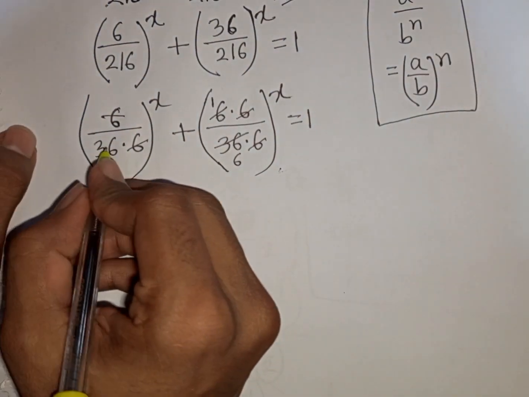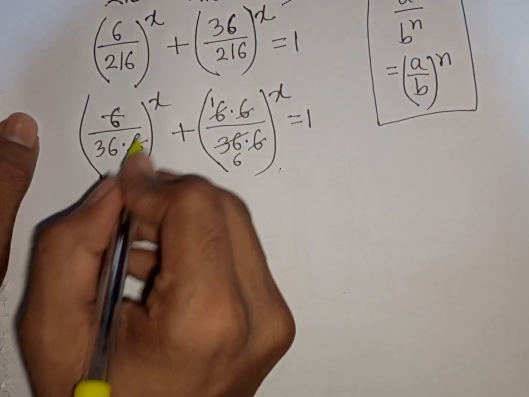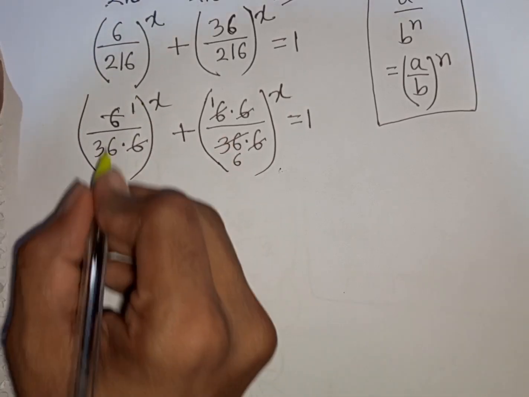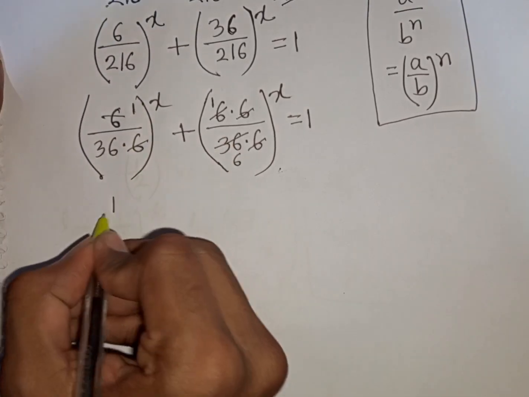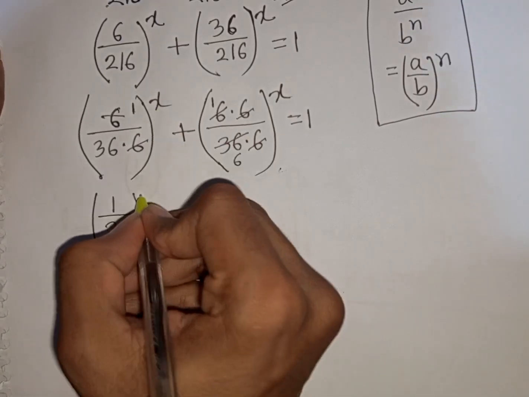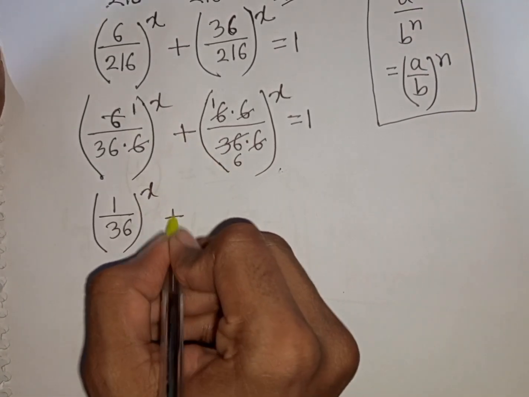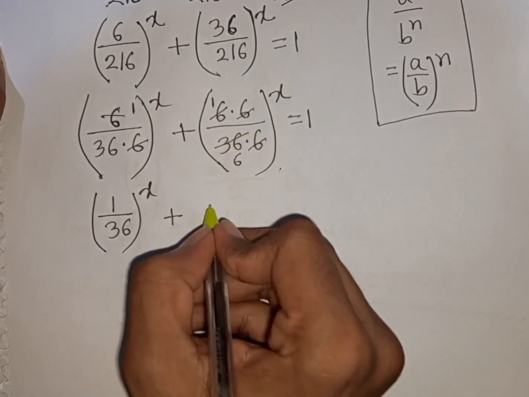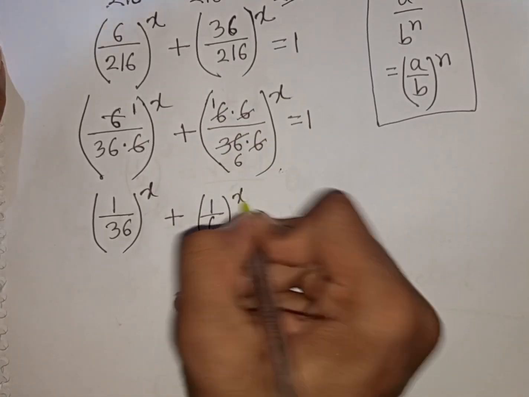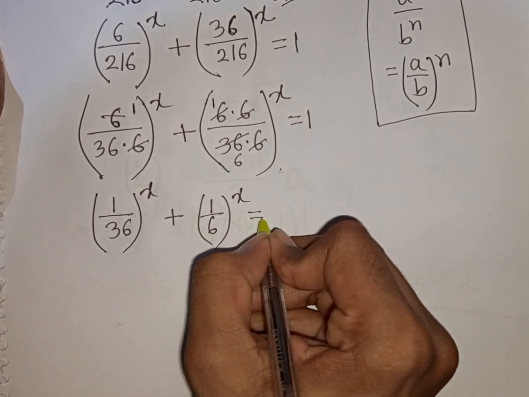Now here we have 1 over 36, then bracket power of x, plus 1 over 6 bracket power x is equal to 1.